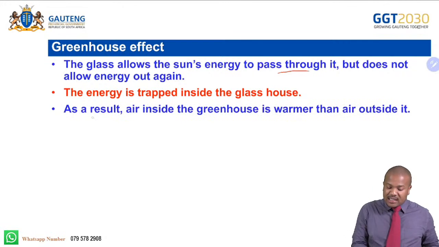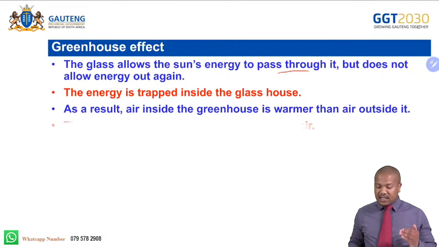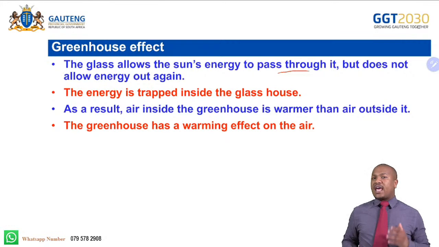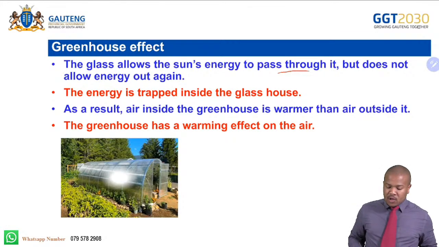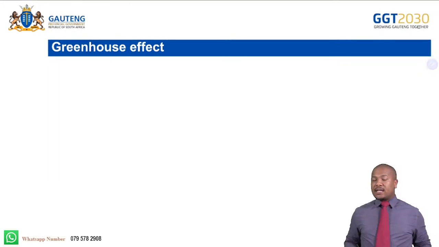As a result, the air inside the greenhouse is warmer than the air outside it. The greenhouse has a warming effect on the air, as I have said. So this glass is capable of keeping warm air inside for the benefit of the plants.